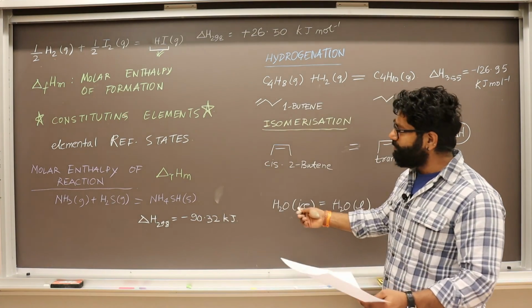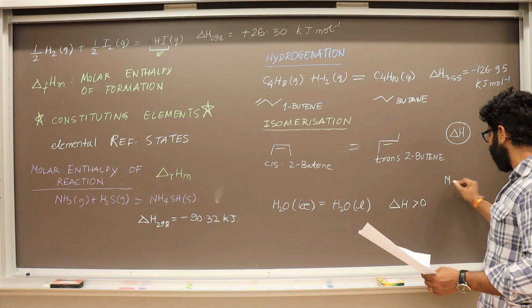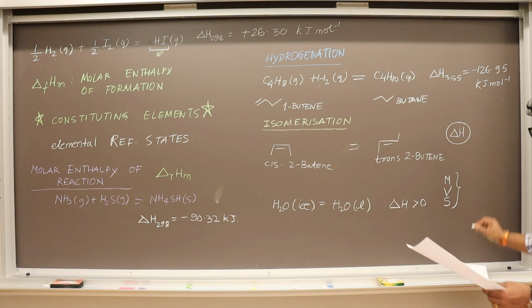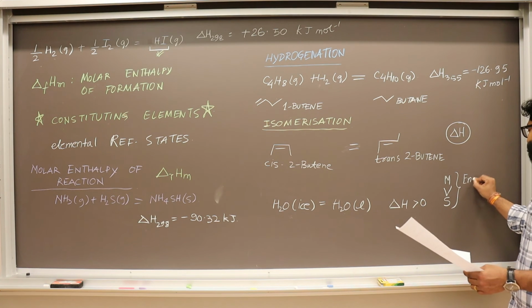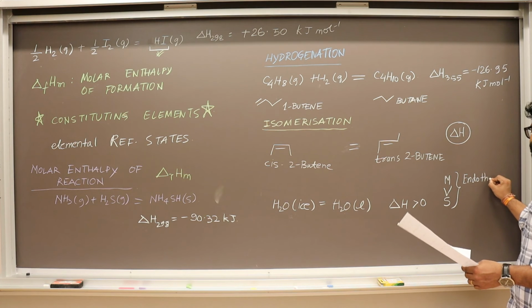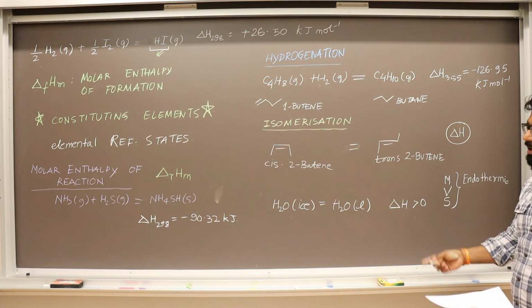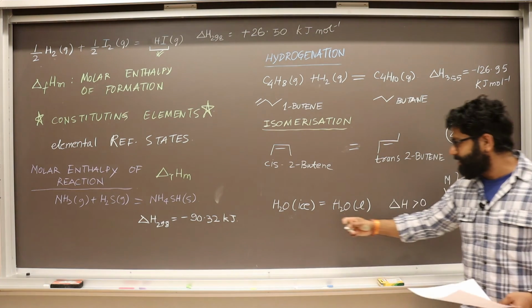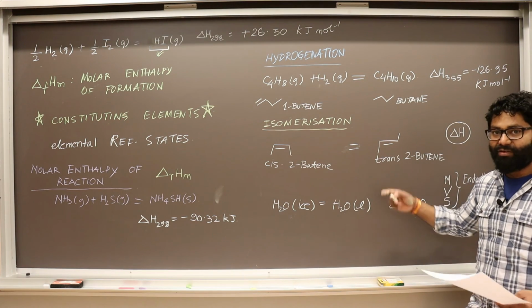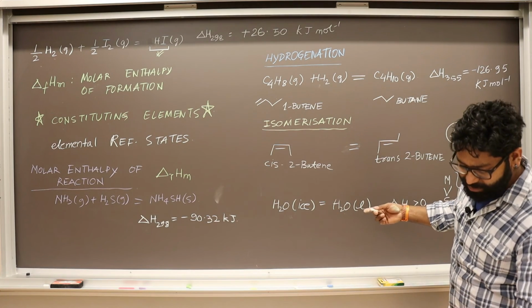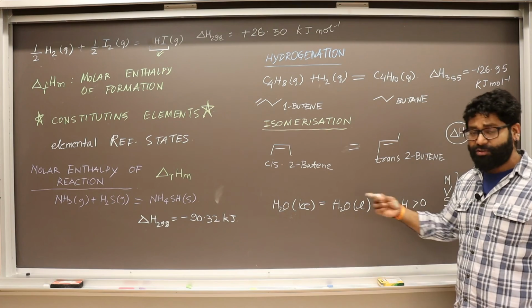So you can have molar enthalpy of melting, vaporization, and sublimation, and all three will be endothermic because all these are requiring energy. All these are going from a low energy state to a high energy state, and in order to do that it requires energy. So this is basically an endothermic process.